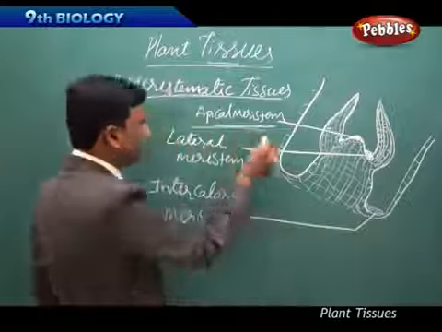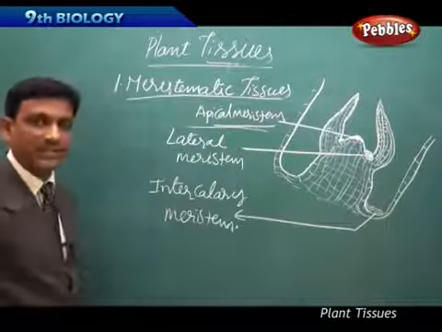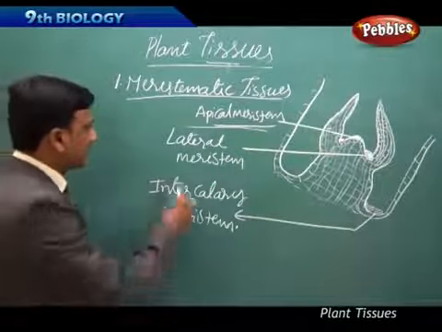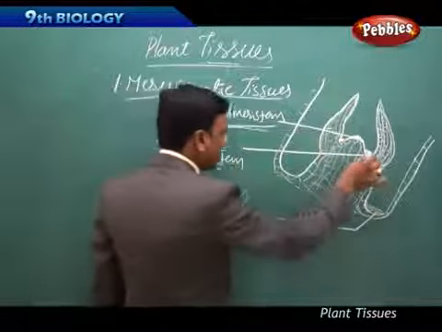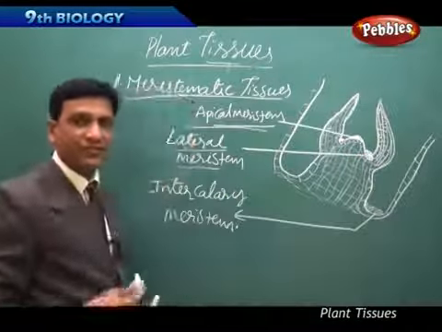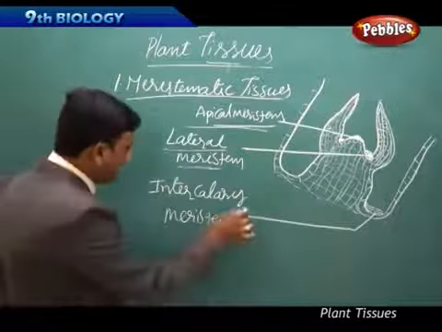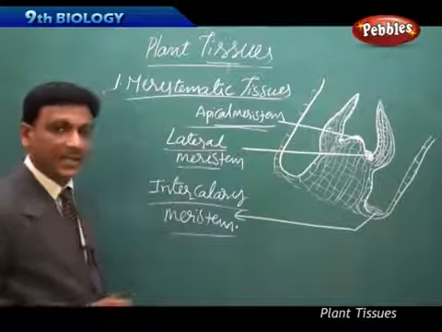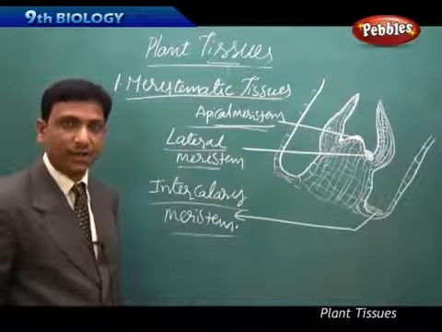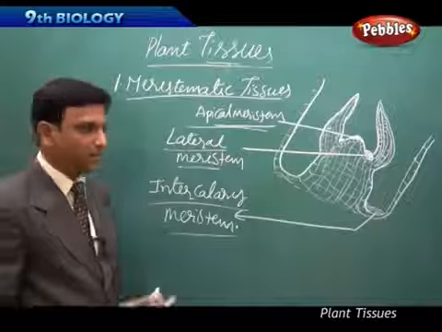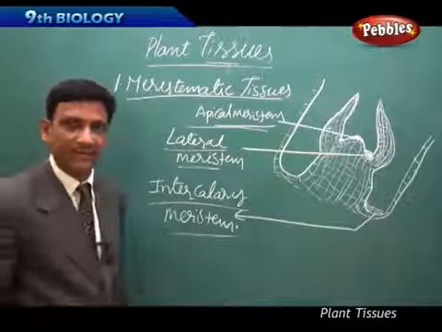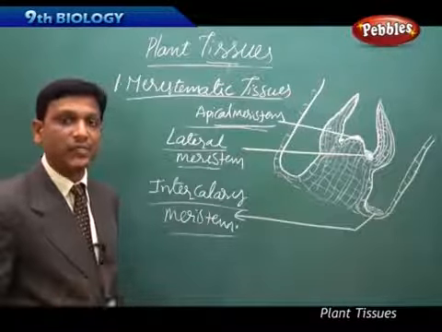So the apical meristem of the plant helps the plant to increase its height, whereas the lateral meristem helps the plant to increase its width, girth, and the intercalary meristem helps the plant to form new tissues, that is to produce a stalk for a flower or fruit or for a new branch.